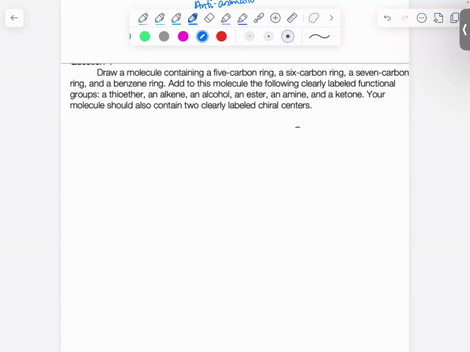You will not have a pKa table on this one. So you should know your functional groups. No, you don't ever have to memorize your pKa's. But I know that some people last time used the pKa table as a way of getting around memorizing your functional groups. And you will not have a pKa table on this one.